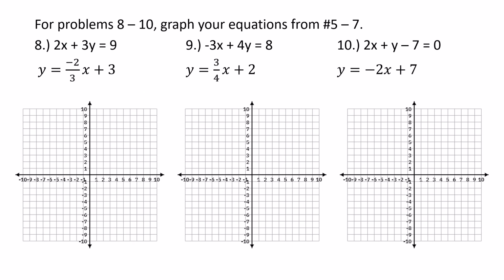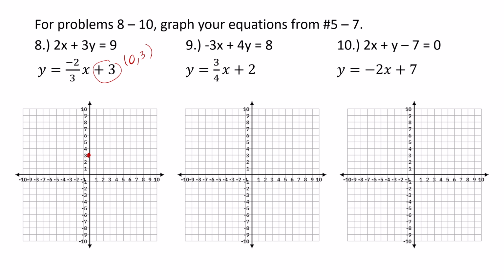And for the last 3, these are just to graph what we got in problems 5 through 7. So using our quick graphs, using the slope and y-intercept, looking at this first one, I have a y-intercept of 3. And remember, that does mean the point 0, 3. So I get that first point by just looking for the y-intercept. And now I have the slope.